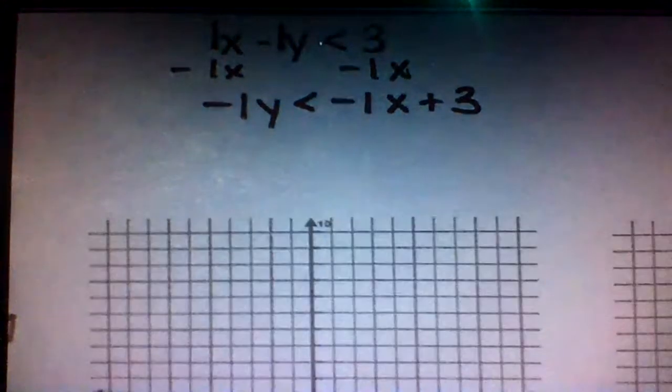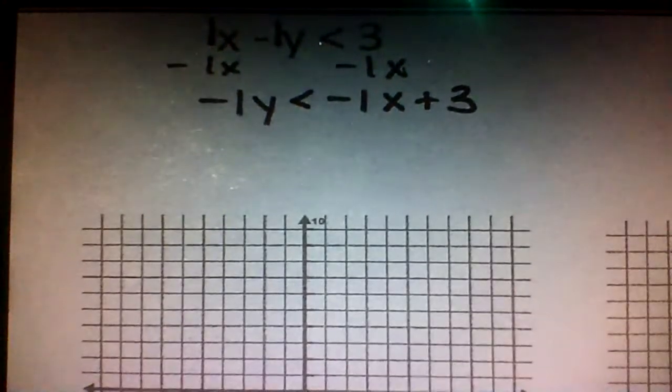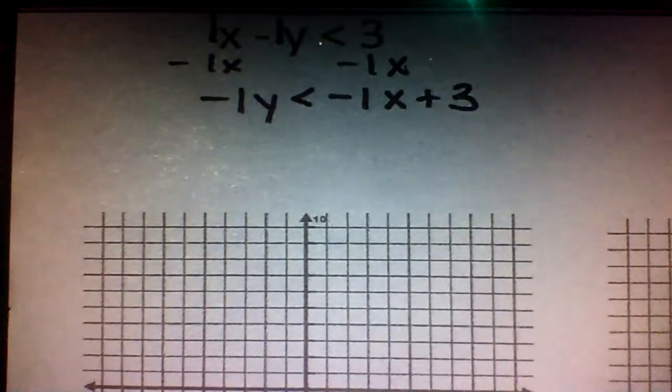So, -1y is less than -1x plus 3. Okay, I need y by itself. Right now, it's not positive. So I need to divide by that -1.